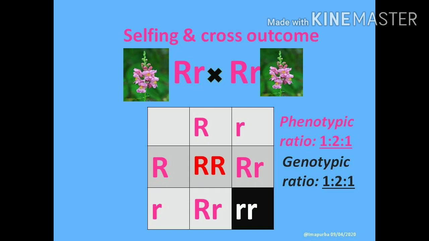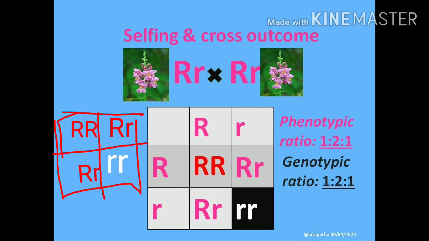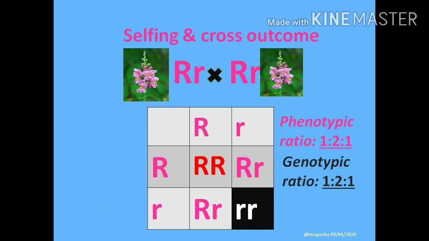Now if you compare this phenotypic ratio with the Mendelian monohybrid ratio, you can remember that the phenotypic ratio there was 3:1. Why 3:1? Because 3 of red dominant and 1 of white recessive. That's why the phenotypic ratio was 3:1.